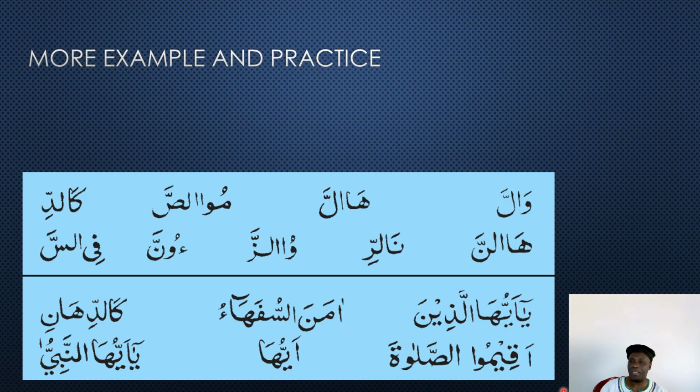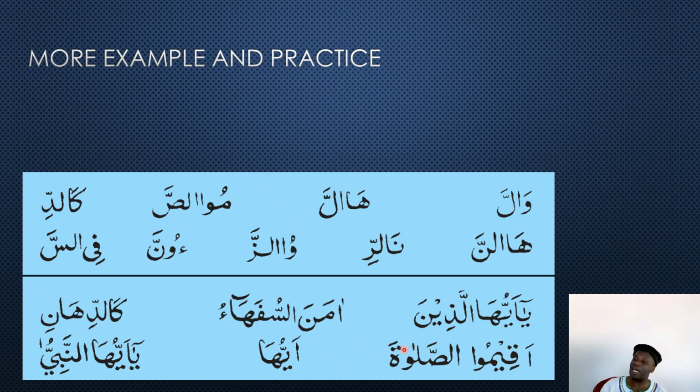Okay. So now here is what we're going to say now. Aqimu. If you want to stop here, but it's aqimu salata. Now, because of this shadda here, waw, alif, alif, all these ones here we're going to ignore them because the sad is calling you with a shadda.